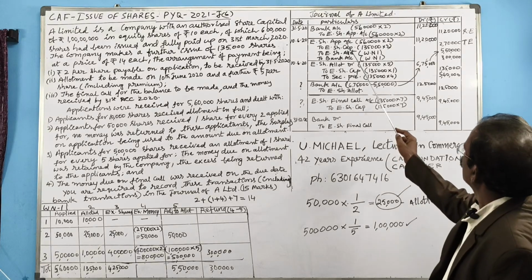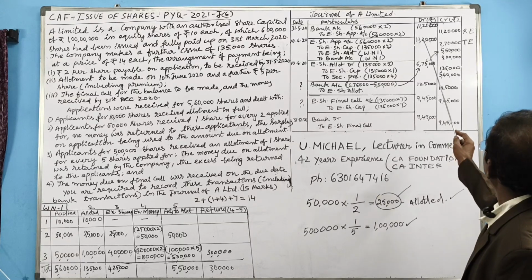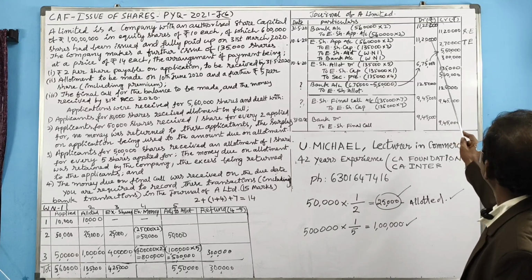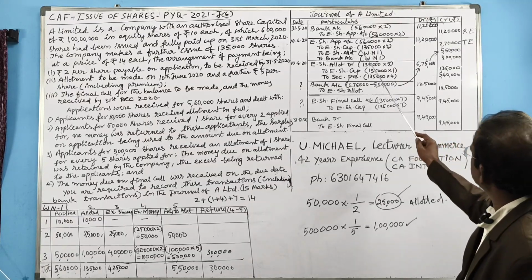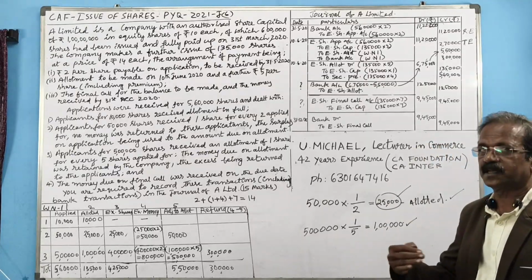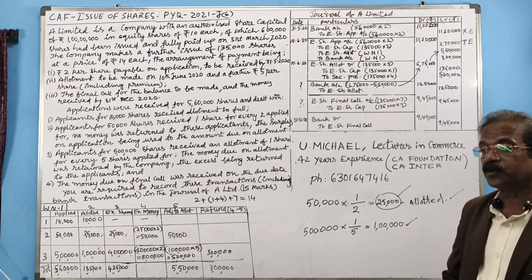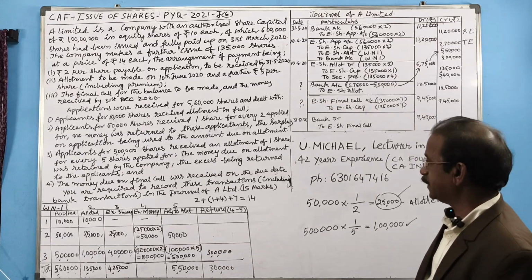Now, the remaining amount. 11,20,000 is the total amount received. Out of this, 2,75,000 is transferred to share capital and some amount is to be kept with the company towards allotment due. That allotment due we have already calculated here.